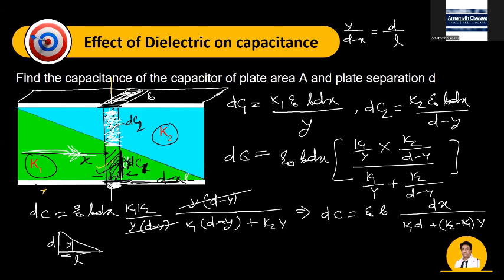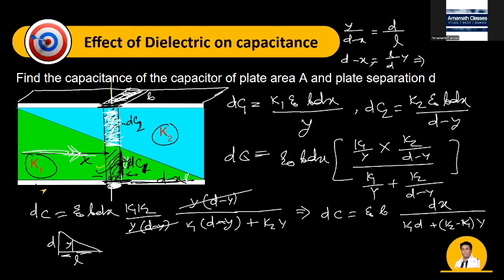So from this we can say d minus x equal to y by d into l. In fact, you should write like that only: l by d into y.